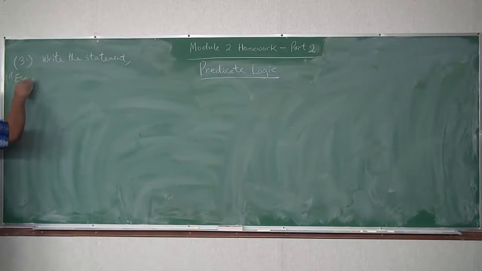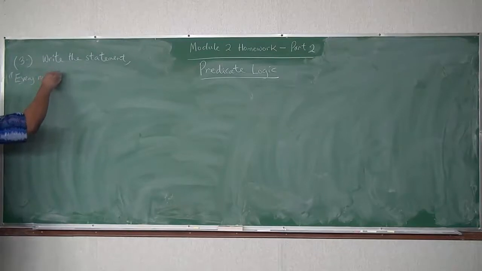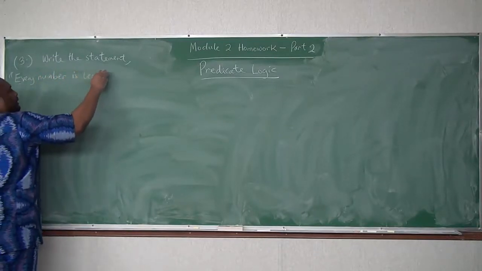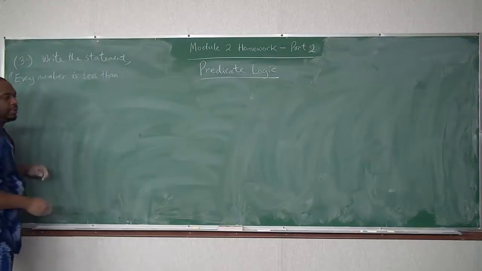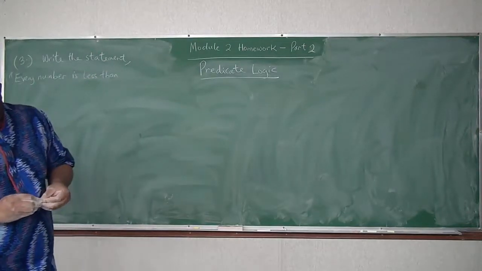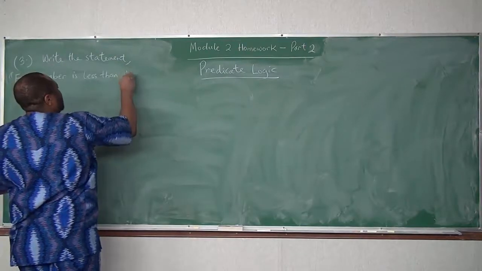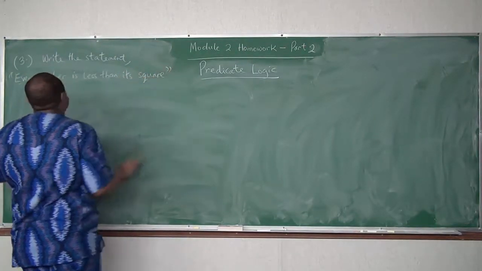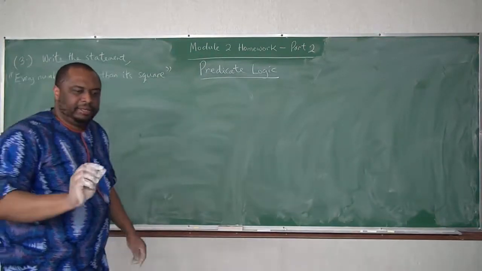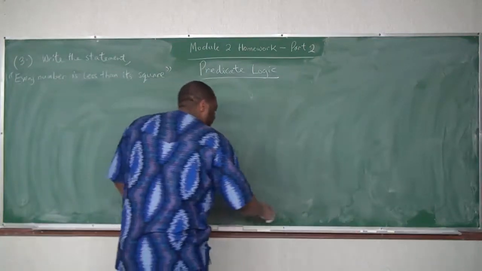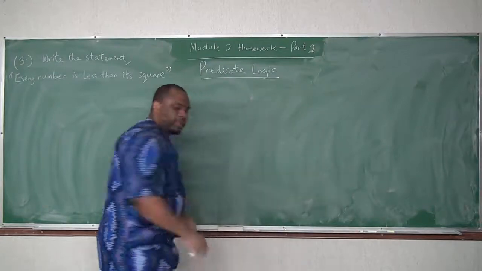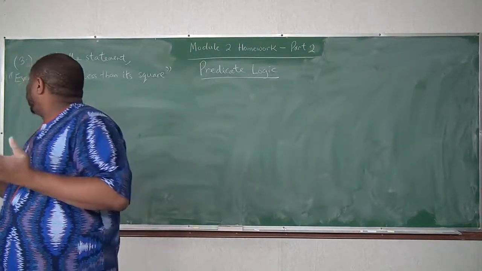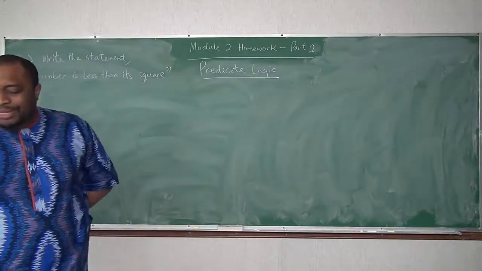Every number is less than e squared. Okay, you can finish up the writing. Write the statement, every number is less than e squared, symbolically.